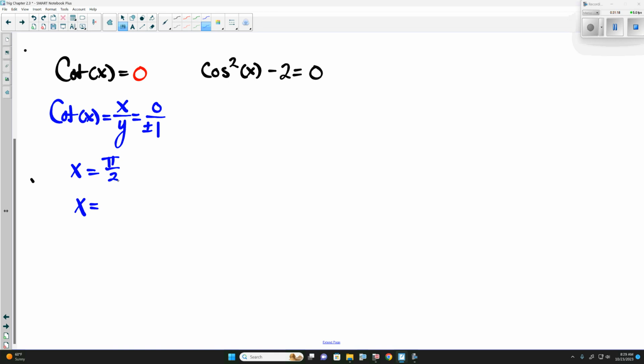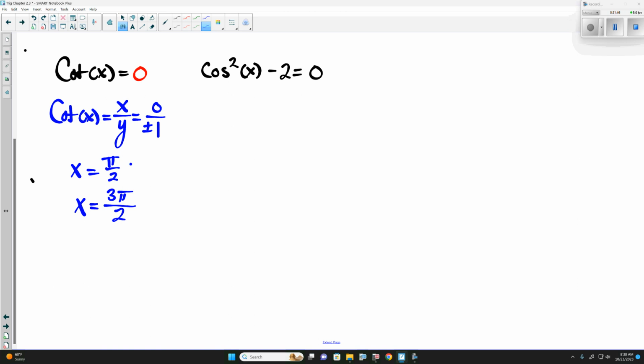Incidentally, tangent's undefined, because if we flipped it, we would have 1 over 0, which does not work. Our other spot is straight down at 3 pi over 2. Because it's straight down, x is still 0, y is negative 1. Those are our two values. Does this make sense?